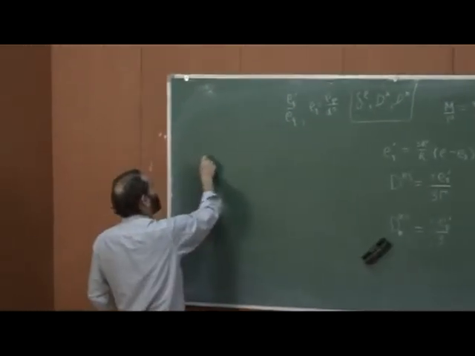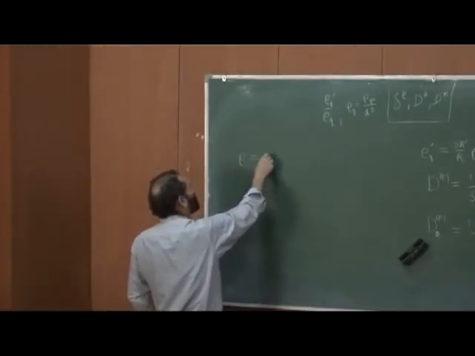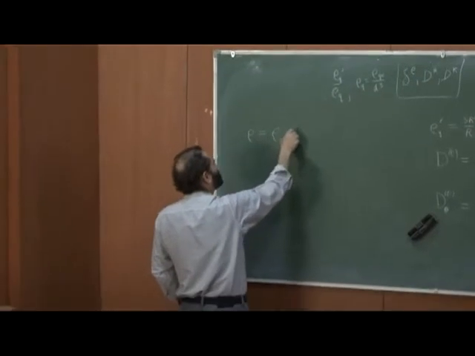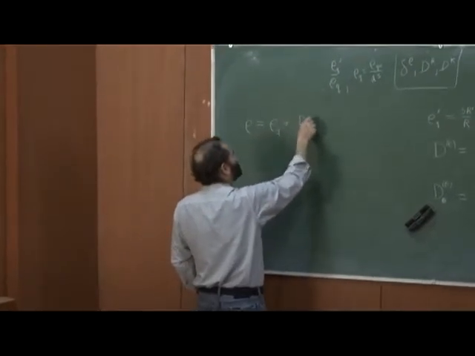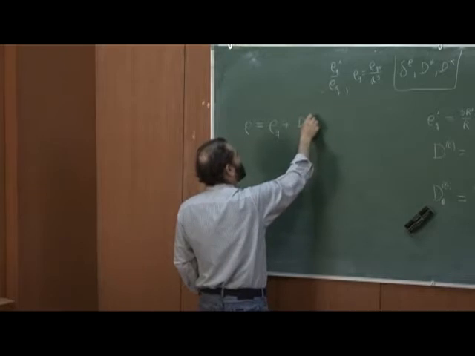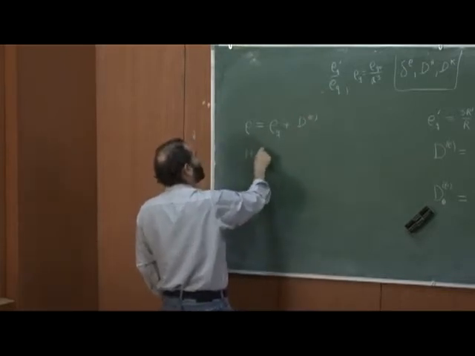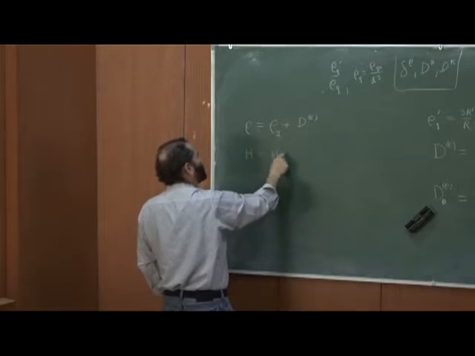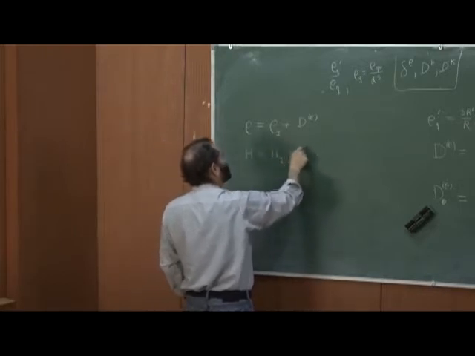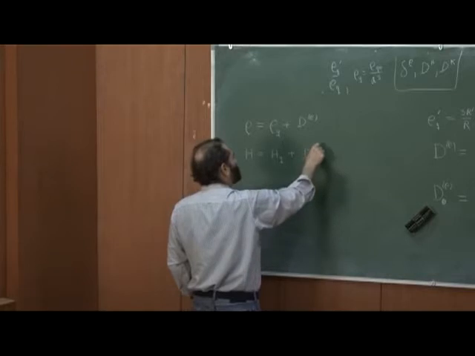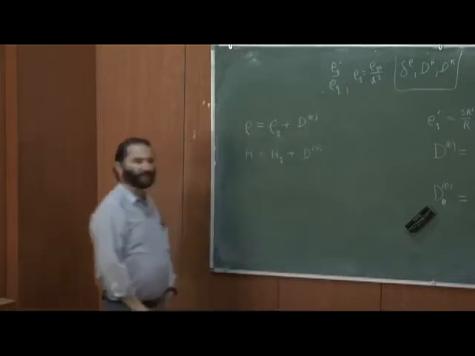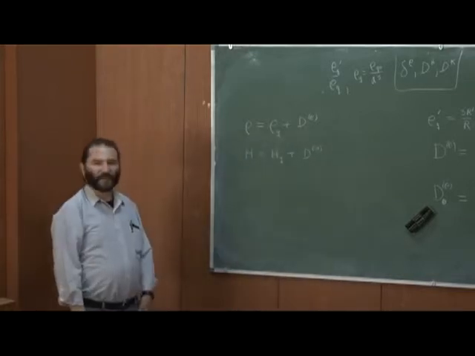We know we have rho equals rho Q plus delta rho. Okay. We have H equals HQ plus delta H. Okay.